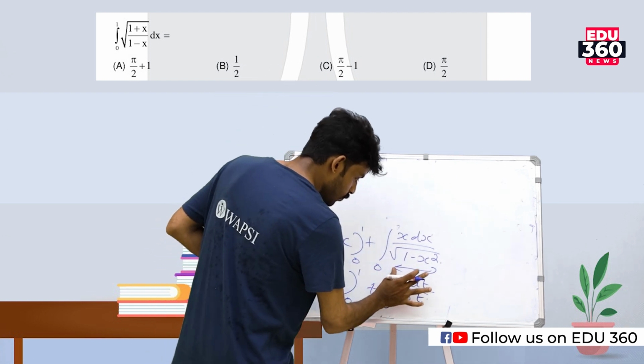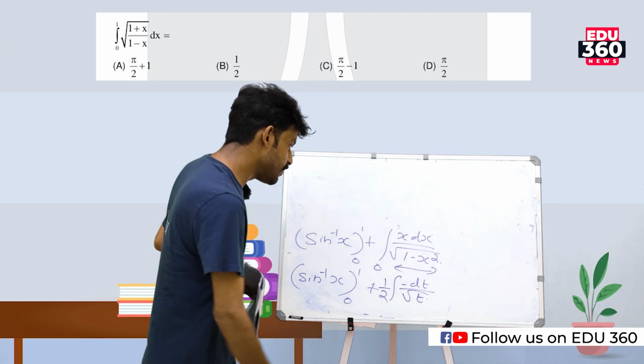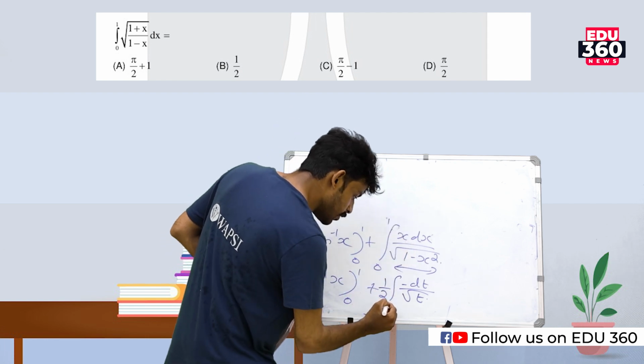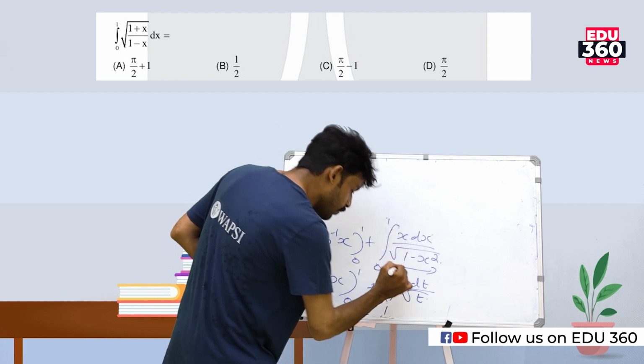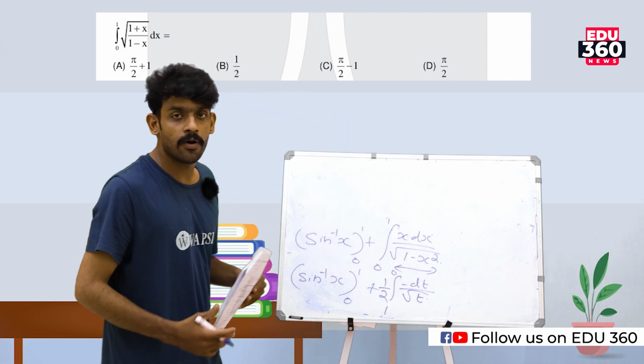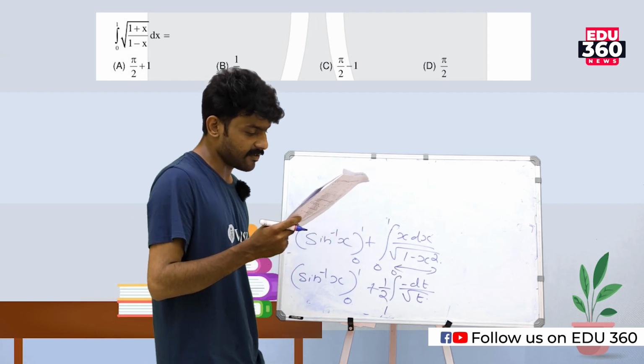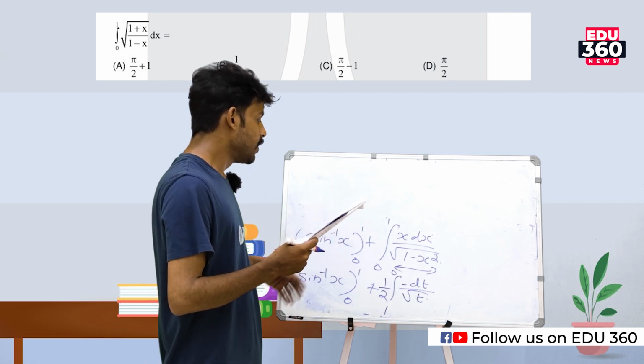Wait a second, the limit is going to change. So it will become 1 to 0, 1 by 2 into 1 to 0 of integral minus dt divided by 2 root t.